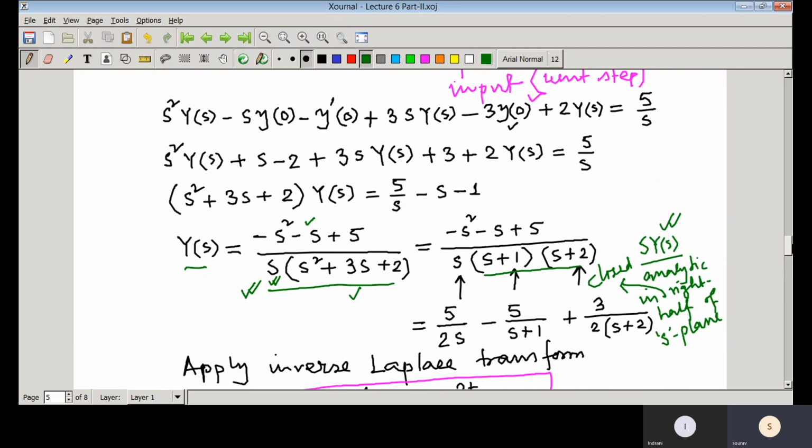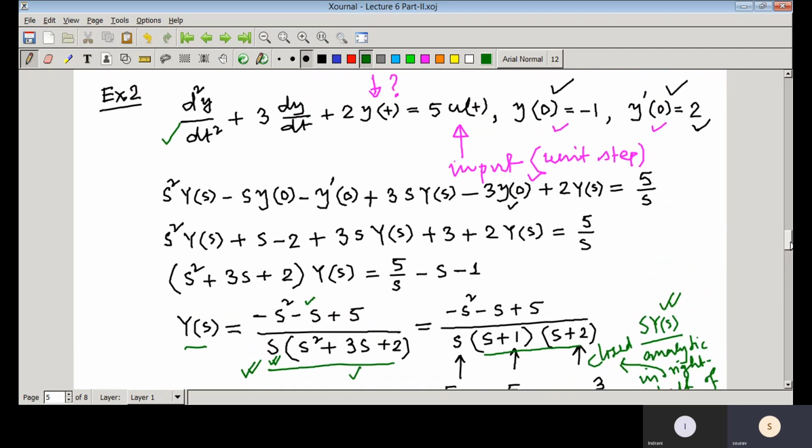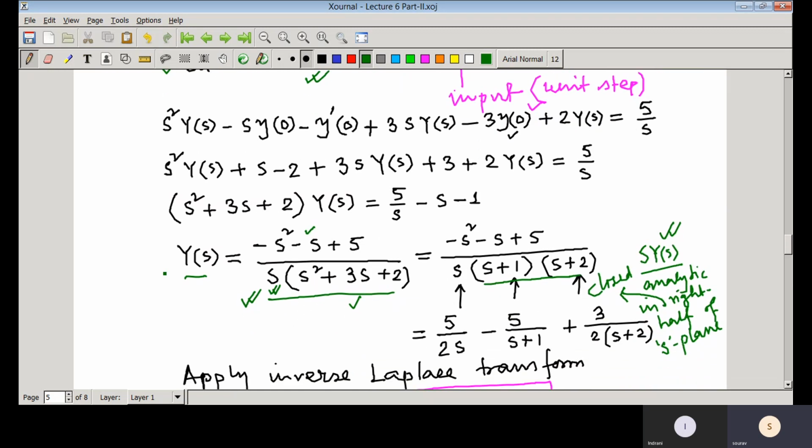So the important thing is, whenever one second order differential equation is given, it has many physical interpretations like spring mass damper systems, RLC circuits, or some other second order systems. Or you may be given one transfer function.